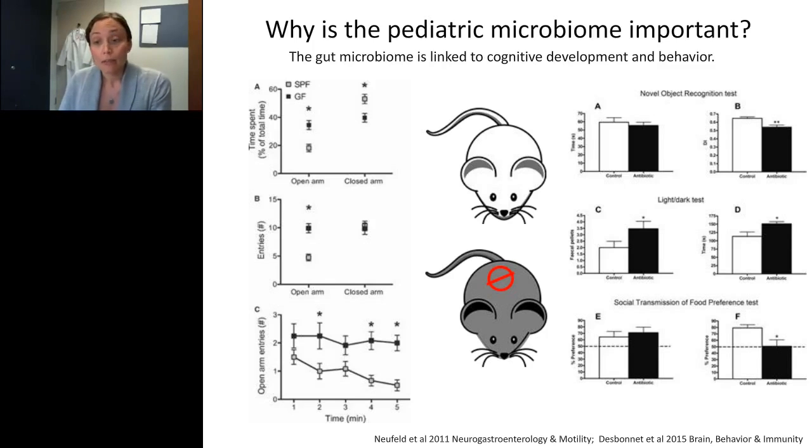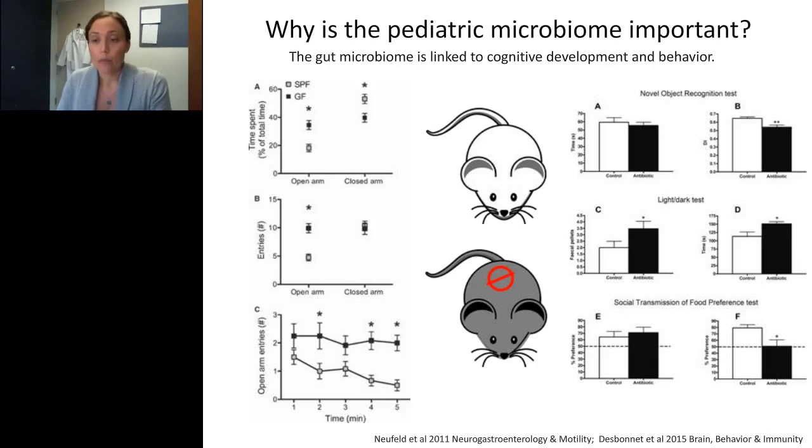Work in germ-free animals, highlighted here on the left, has demonstrated that germ-free animals, or those lacking an intact microbiome, showed decreased inhibition, and that there's a specific window in which this can be corrected. Decreased inhibition is a hallmark of abnormal behavior in mice, and so mice lacking an intact microbiome behave differently from those raised under conventional conditions.